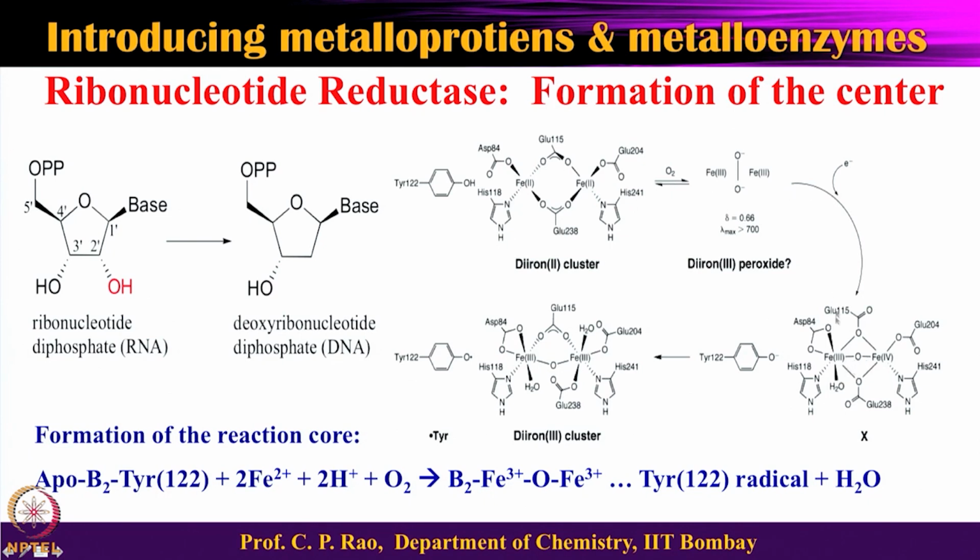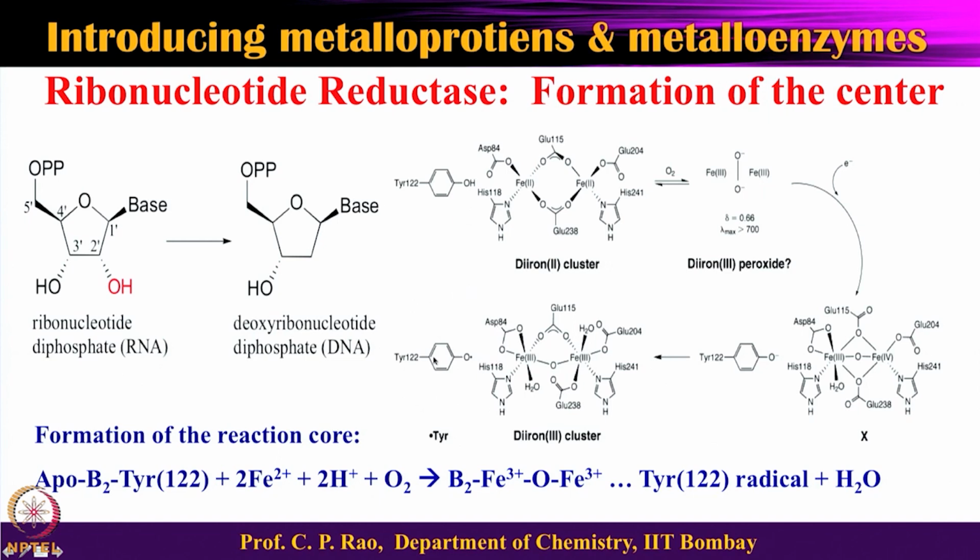This oxo bridge and the oxidized iron center are now sufficient, with the electron reduction, to take it to the tyrosine radical. The tyrosine radical is somewhere within about 4 to 5 angstroms from the di-iron center, and it is stabilized by some residues, side chains, as well as a hydrophobic compartment.